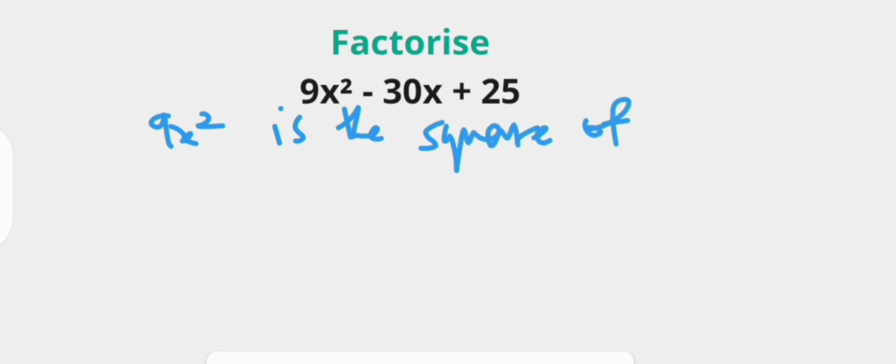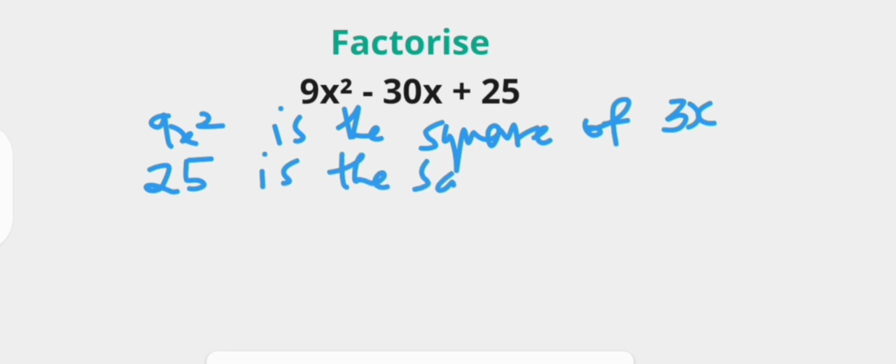Another example is here, but let us analyze it first. 9x squared is the square of 3x. 25 is the square of 5. Then let's go for the middle term, 30x.